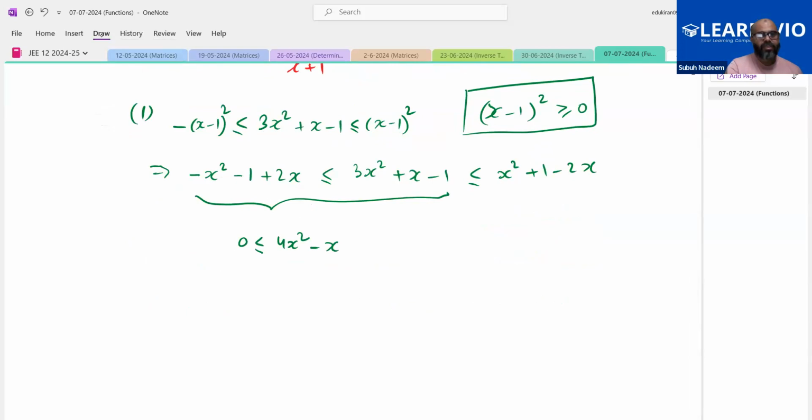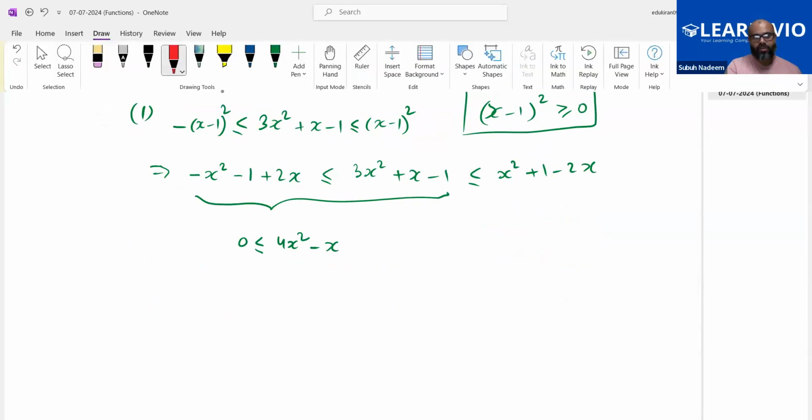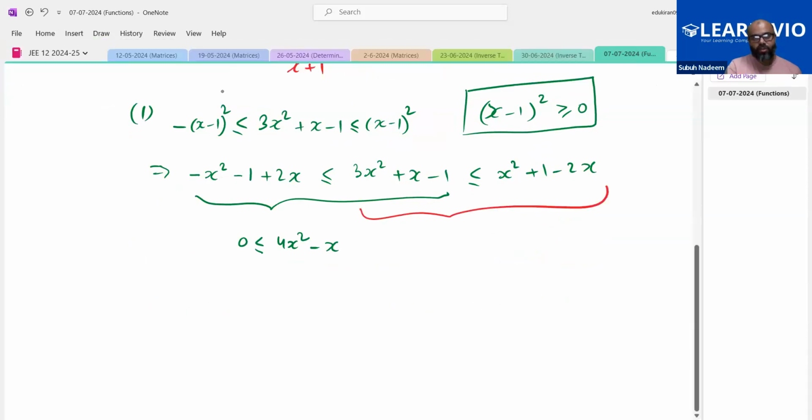And if we consider these two, 3x square minus x square is 2x square, x plus 2x is 3x, and minus 2 is less than equal to 0. So these two conditions are there. From here, 0 is less than equal to x into 4x minus 1.